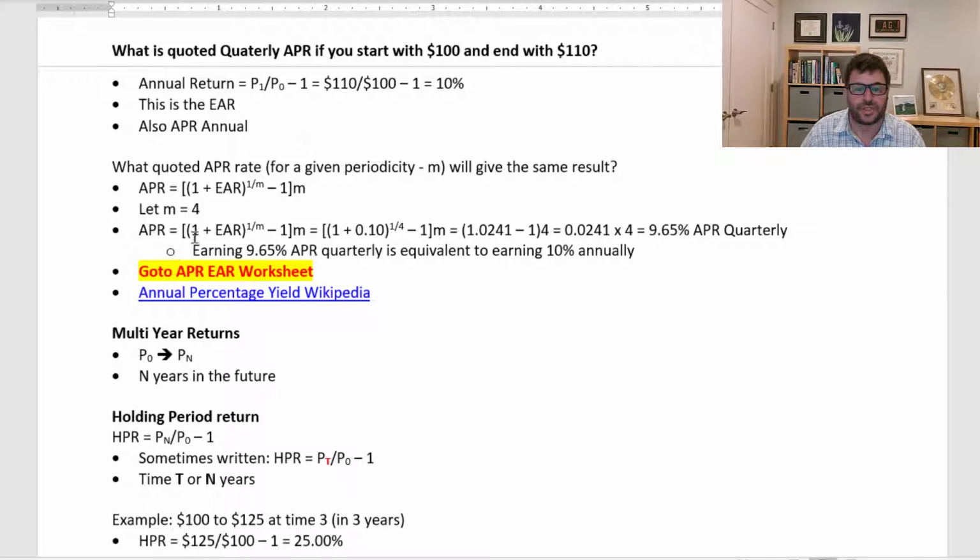And I'm going to plug this in, and I get 1 plus 0.1 to the one-fourth, minus 1, and then again multiply this by 4, and this is going to give me 9.65% APR quarterly. So earning 9.65% APR quarterly, which is 2.41% every quarter, is equivalent with compounding to earning 10% annually.